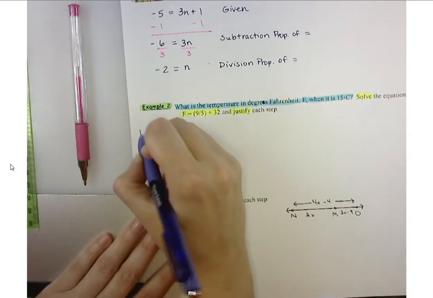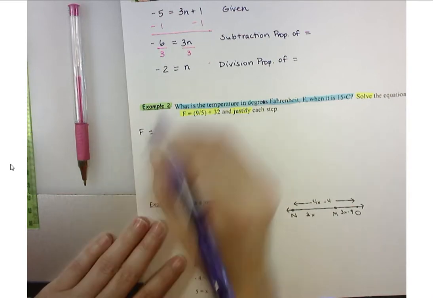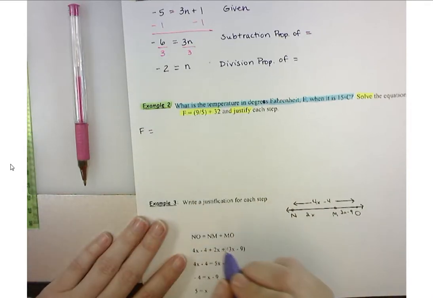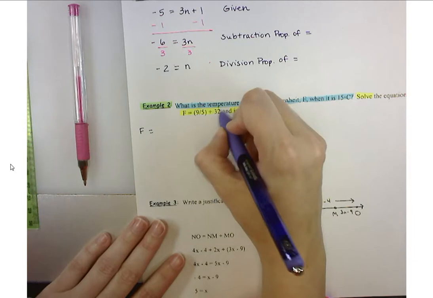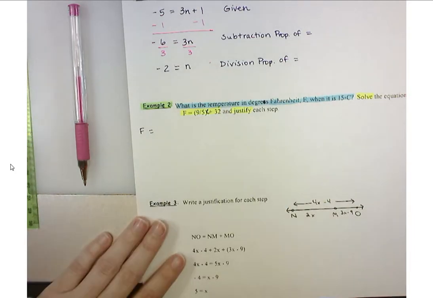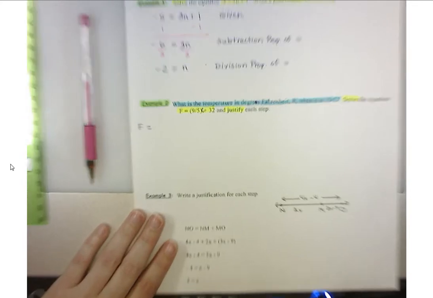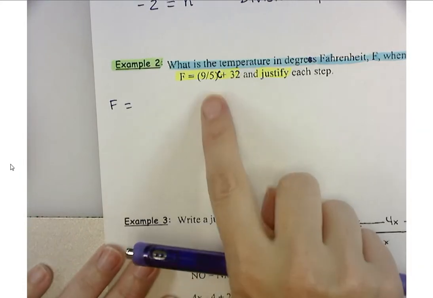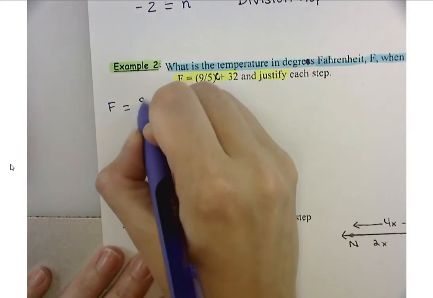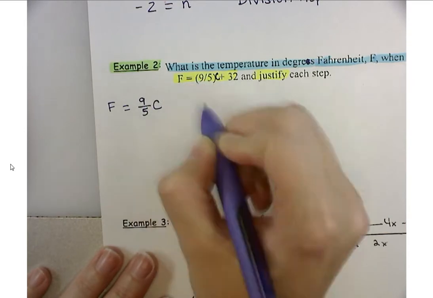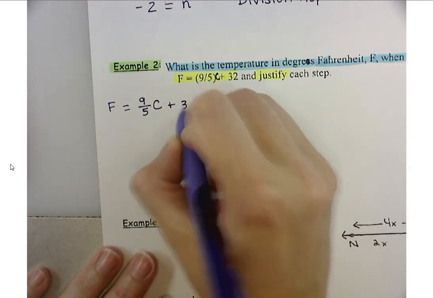So I'm going to start with F is equal to, this should have a C in it, like that. So will you guys put that in your equation? 9/5 times C plus 32.